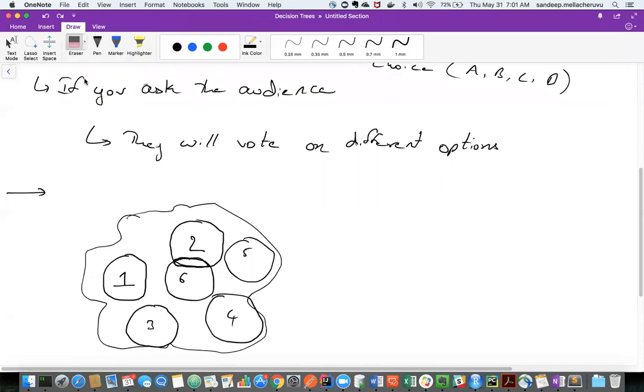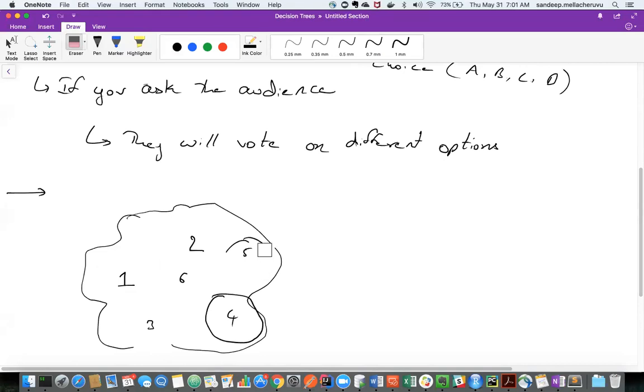Are you guys clear so far? Yes, sir. By the way, this is not my own example. This is one of the Stanford University professor's examples, actually. And I liked it very much. That is the best explanation I got for this problem.